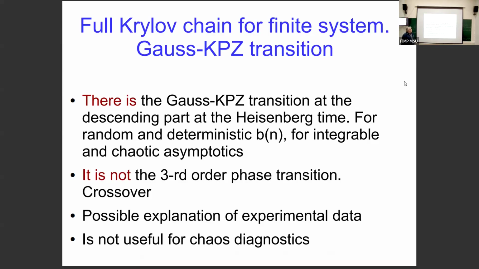Okay, so let me summarize this part of my talk. There is a transition from the usual Gaussian behavior of fluctuation to KPZ behavior of fluctuation at Heisenberg time for autocorrelators. That is, when we consider the autocorrelators for generic operators in the Krylov basis at very peculiar times, then we get the KPZ behavior of fluctuation.